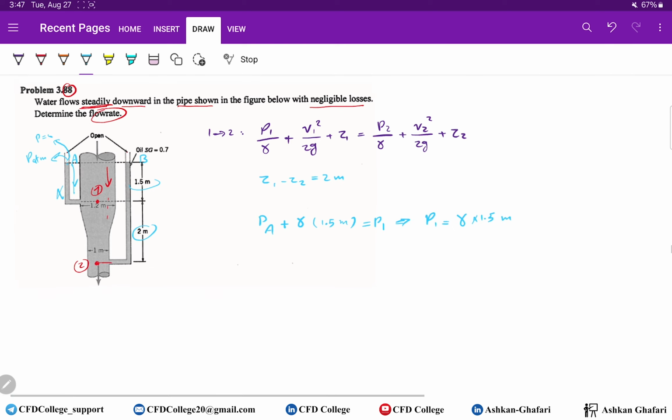Let's find pressure at point 2. So start from point B. As you know, PA equals PB equals 0.